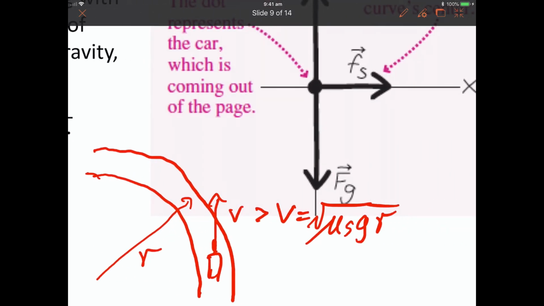It won't skid. You still enter, but look at the physics now. If your v is higher than this one, you cannot change this one, but nature will force you to change what? This one. So for example, in the maximum calculation, you decide this R is 10 meters.